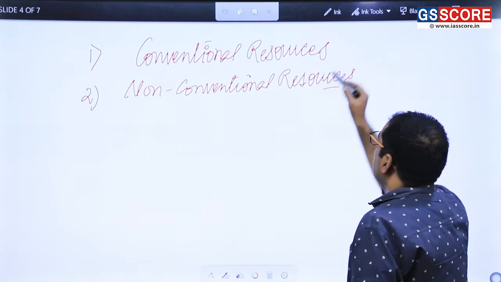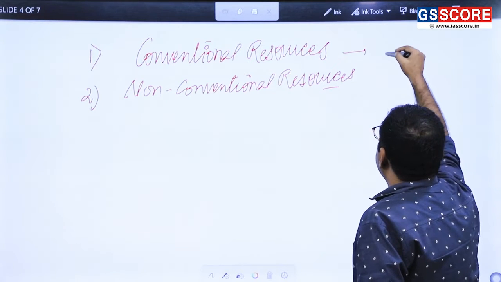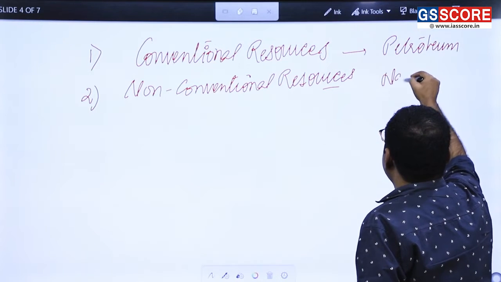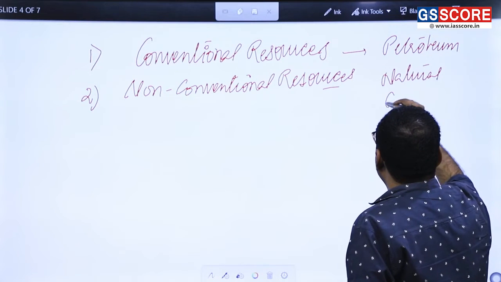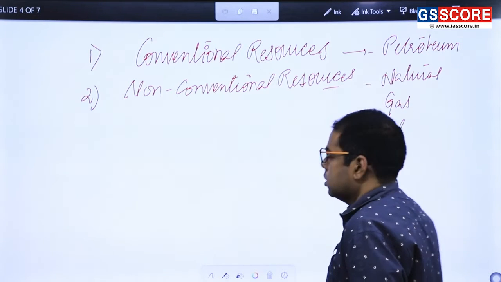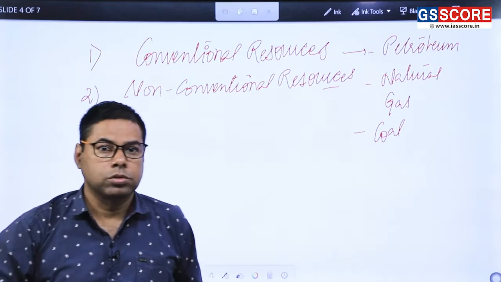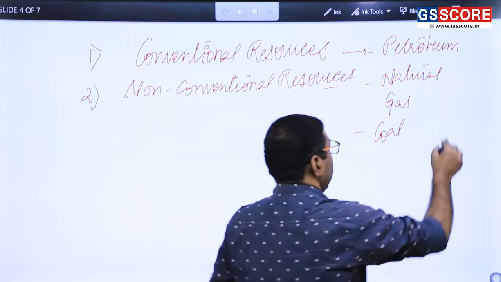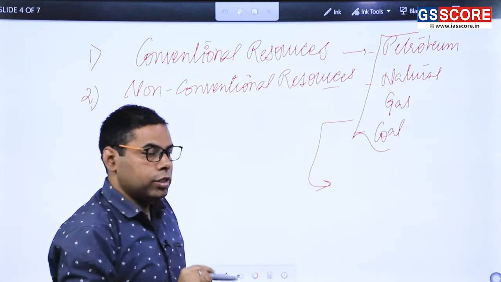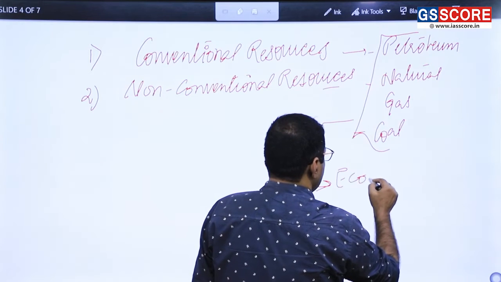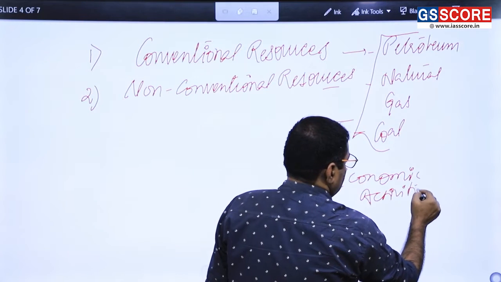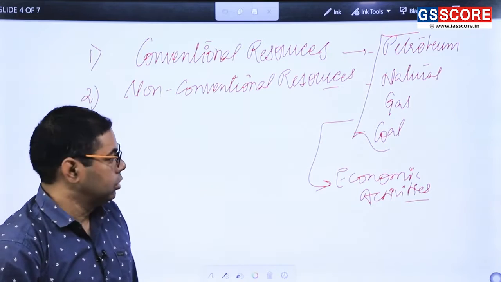Conventional resources include petroleum, natural gas, and coal. So these are three conventional resources, right? And these are very important, or they have great significance in the economic activities or functioning or operation, right?